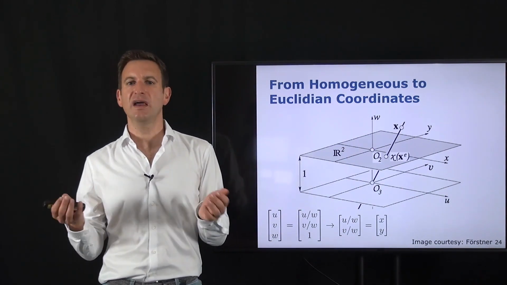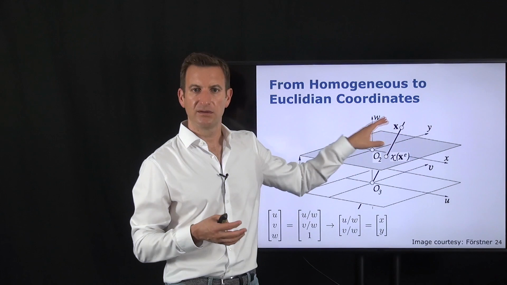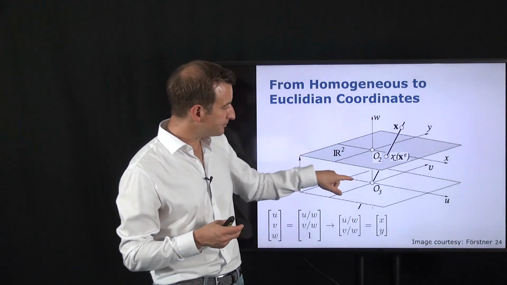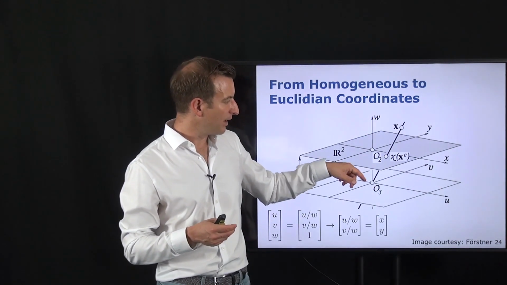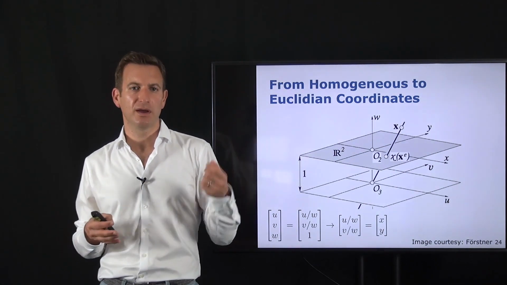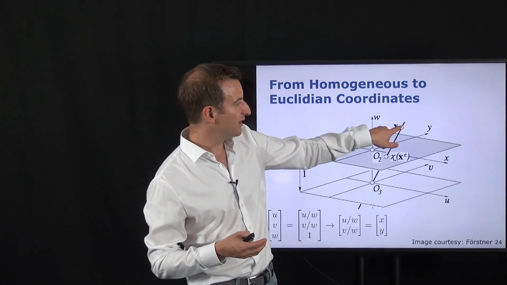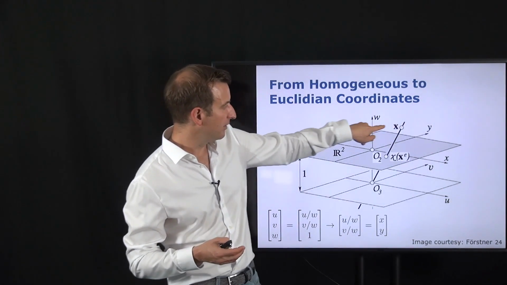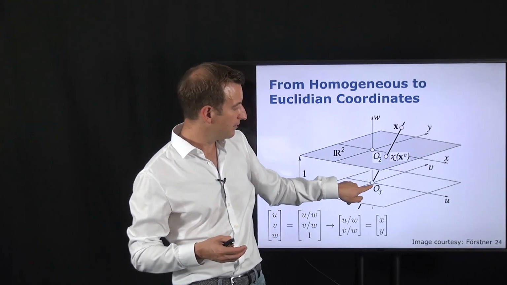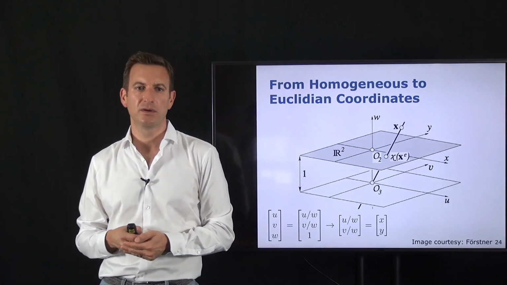But we can also be outside this gray plane, right? So we can be anywhere in this three-dimensional space. And so any point where I, for example, multiply the xy coordinate with, let's say, 2, I get 2 times x, 2 times y, and the third coordinate would be 2, would be a point which is sitting higher up here, on third coordinate equals 2, and every point which lies on that line towards 0, 0, 0 represents the same point in the Euclidean world.